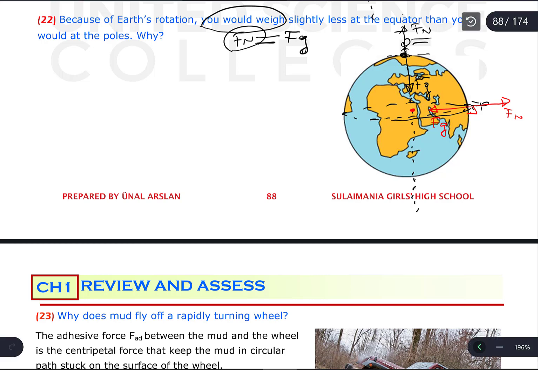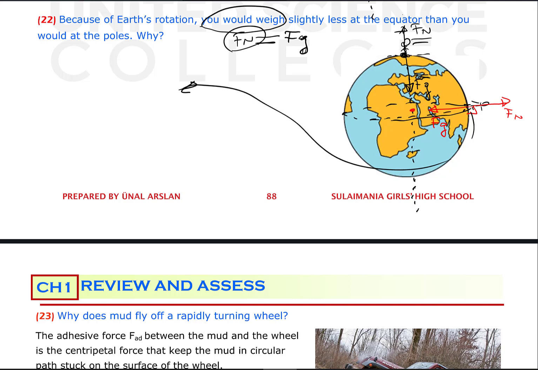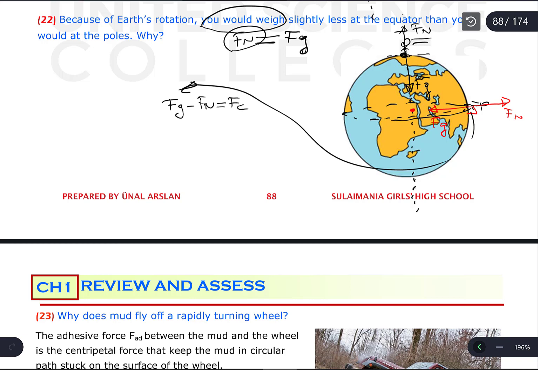If an object is in circular motion, there must be a centripetal force acting on this object, and this centripetal force is the resultant of the forces acting on your body. At the equator, let's write the resultant of the forces acting on your body. Fg is towards the center of the Earth, so it's positive. But Fn is away from the center of the Earth, which is negative. So this subtraction is going to be the centripetal force.